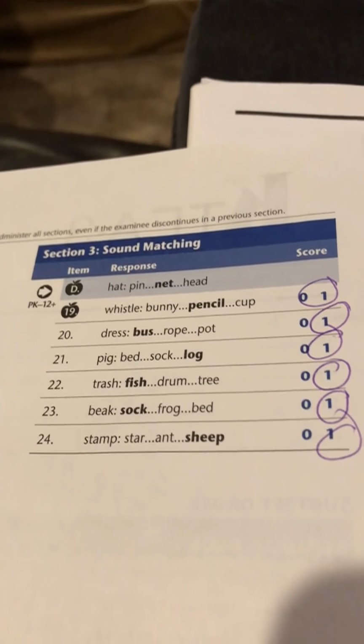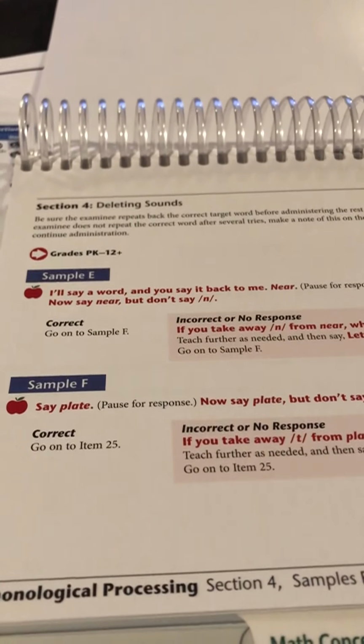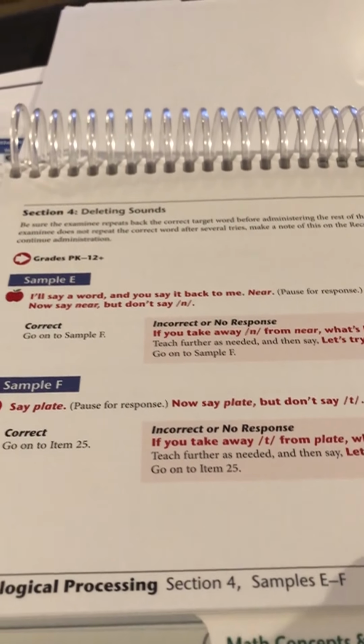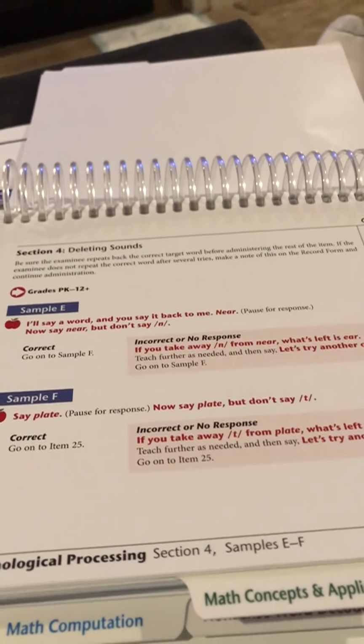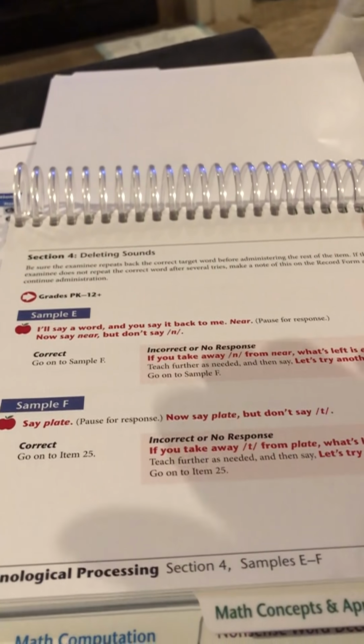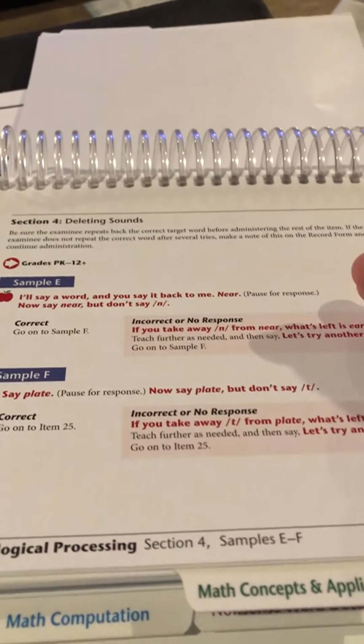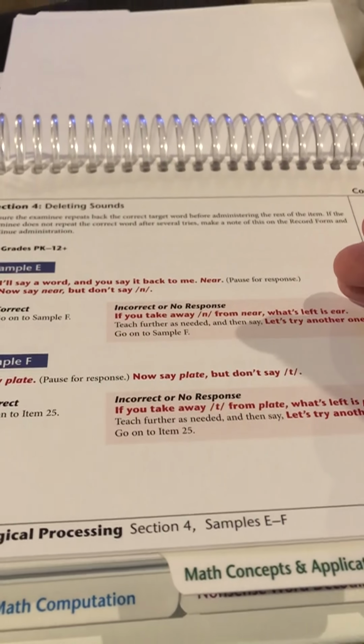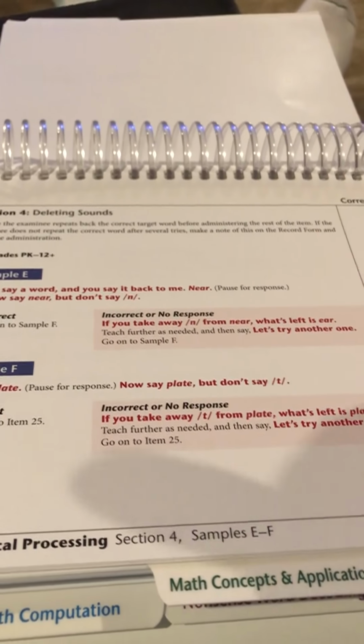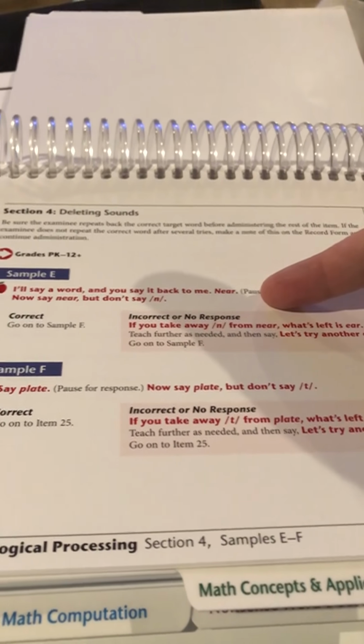The next section is deleting sounds. So again, we have our directions here. You're going to record here. I think that we don't have to go through every one of these because you see it's the same for every section. You have the discontinue rule if they miss 3 in a row. This is not timed. You have what you're going to say in red.